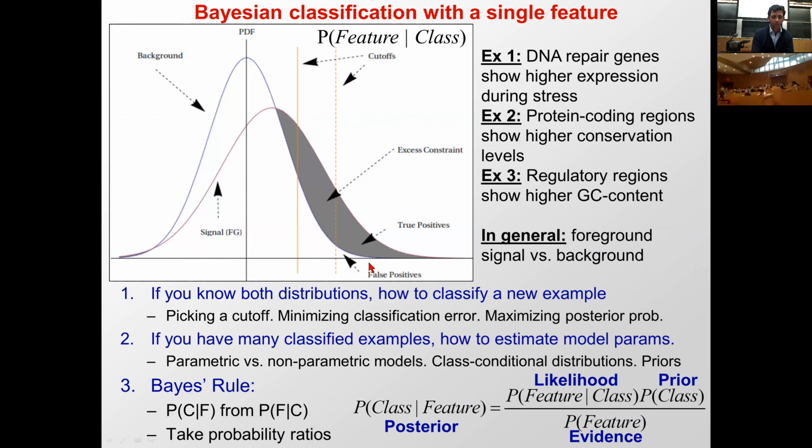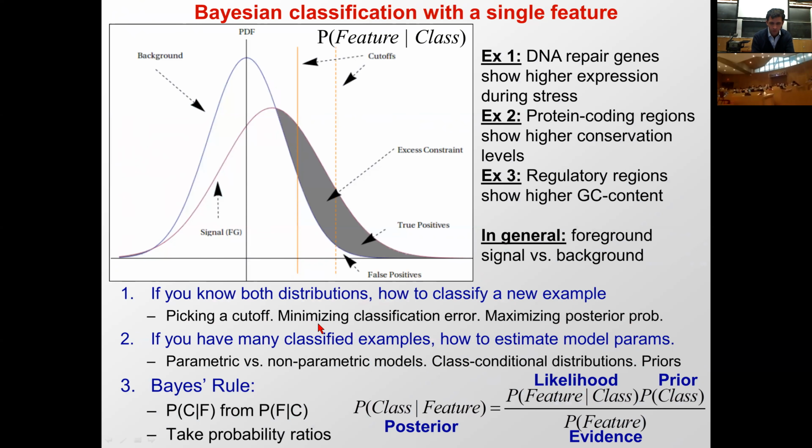If it's above that threshold, you're going to say it's a red point, and if it's below that threshold, you're going to say it's a blue point. So classification really boils down to that. How do I choose that cutoff above which I'm going to say blue and below which I'm going to say red? And of course, I'm going to be doing this in a very high dimensional space. This is just taking one of those dimensions, and then you can do the same thing across all the other dimensions. Okay?